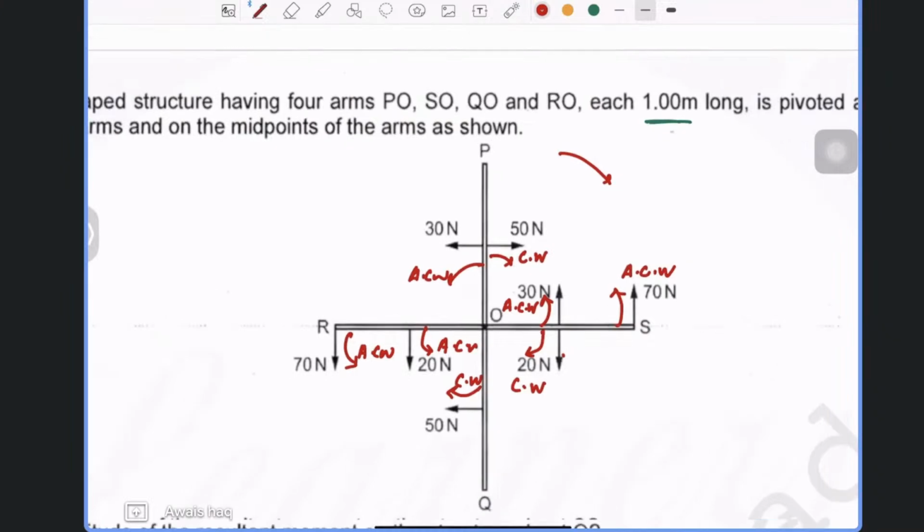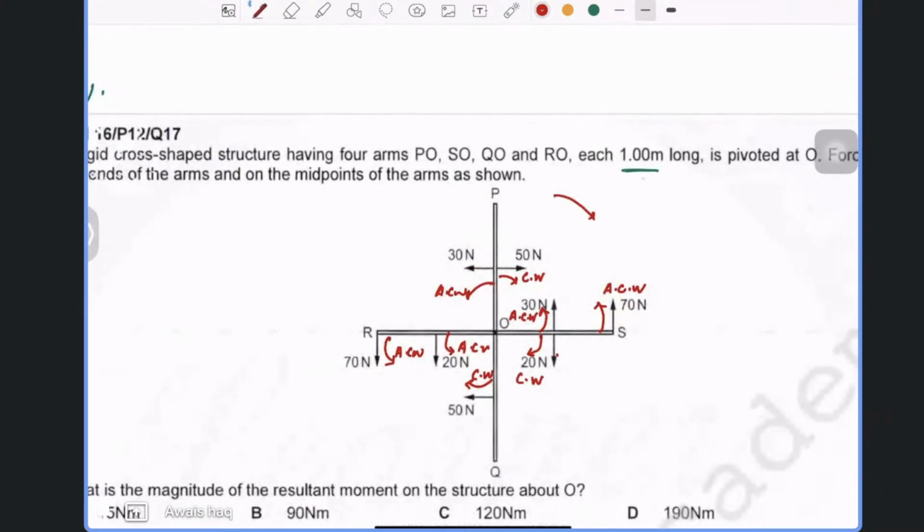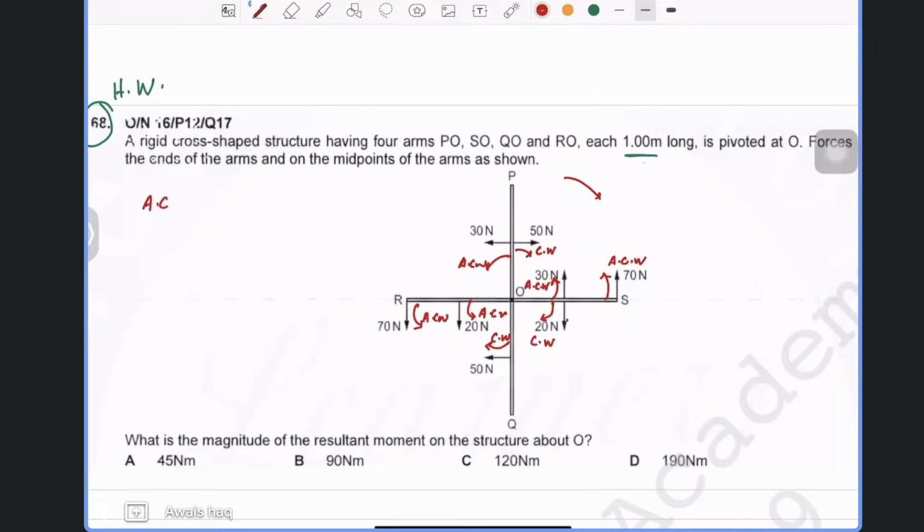Now what I'm going to do is I'm going to list them down. I'm going to write anti-clockwise and clockwise like this. It says all the lengths, like all of them are 1 meter, so the midpoints will be 0.5, right? So starting from this one, 50 into 0.5, then the other clockwise is 20, so 20 times 0.5 because it's midway, 50 times 0.5 because we're here, and then do you see any other?